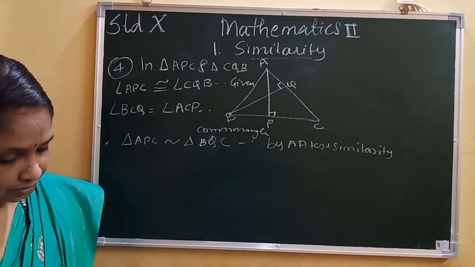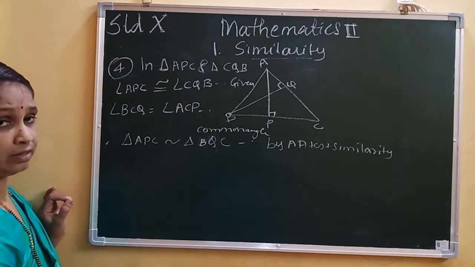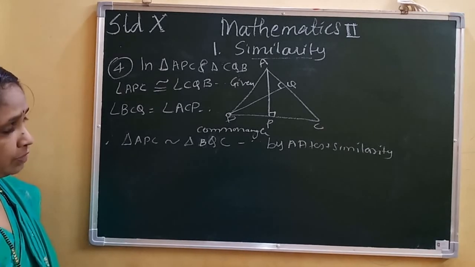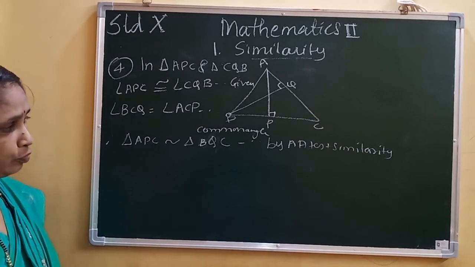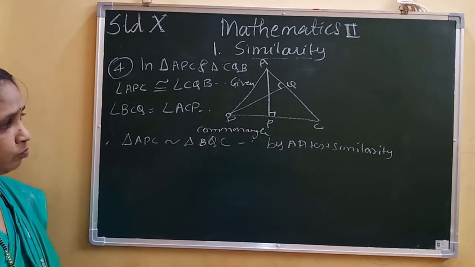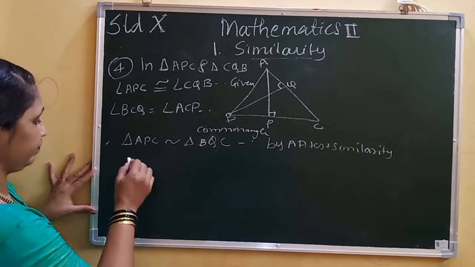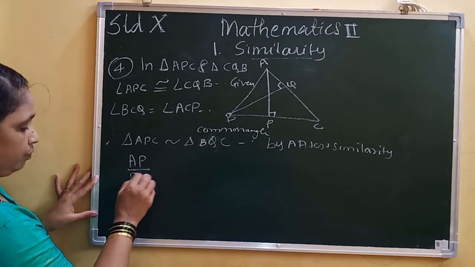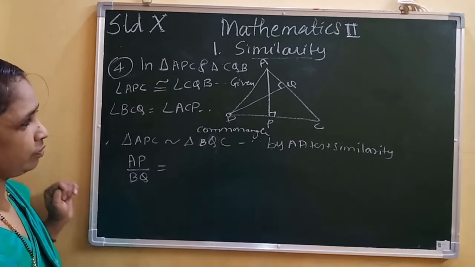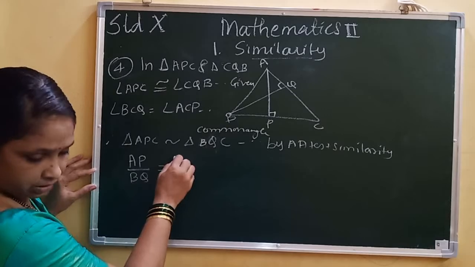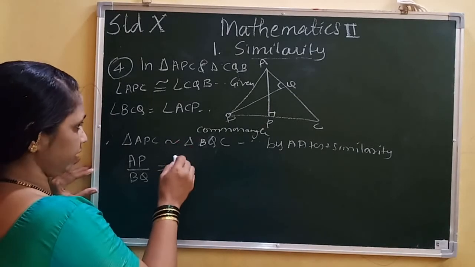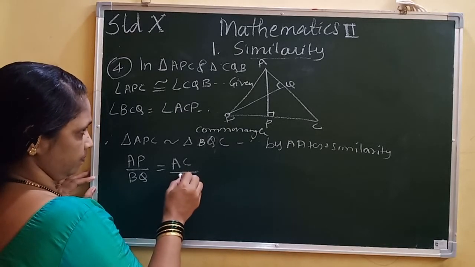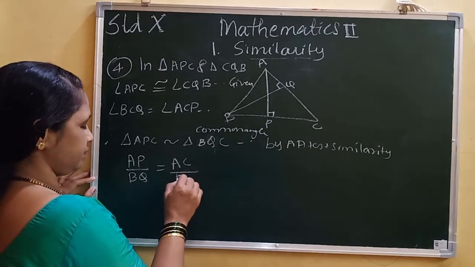Now what? The corresponding sides of similar triangles are in proportion. So which are its corresponding sides? AP upon BQ is equal to QC, bigger triangle means AC upon BC.